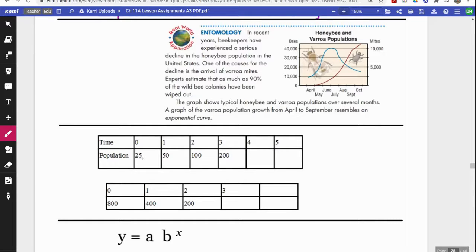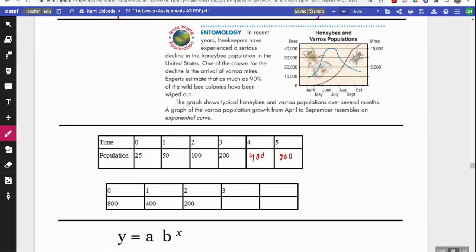And as time goes by, incrementally up by 1, the population goes from 25 to 50, 50 to 100, 100 to 200, and we could look at that and intuitively see that it's doubling each time. So we could continue on that path and see that this would be 400 and this would be 800. So it's doubling each time. That is exponential growth. Anytime you double something over time incrementally, that would be an exponential situation.